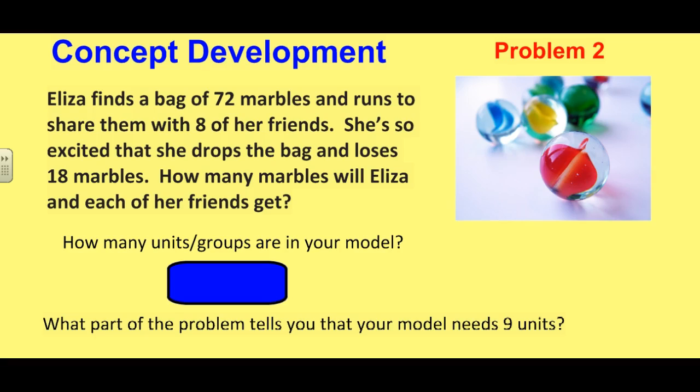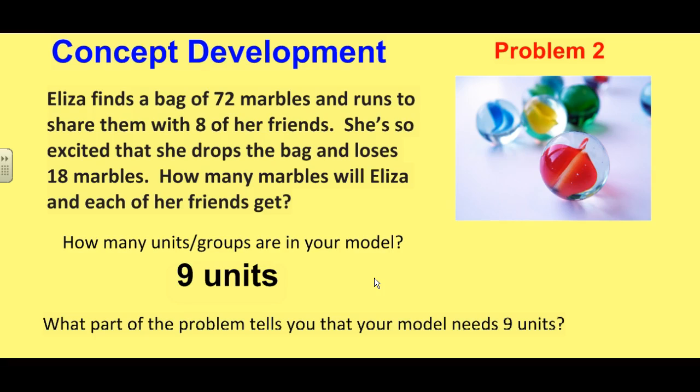Well, I look and it says Eliza finds a bag and she's going to share them with 8 of her friends. So you've got to think, Eliza and her 8 friends are going to get marbles. It's not just 8 of her friends, it also includes Eliza. So that tells me right there that I'm going to have 9 units, or 9 groups. What part of the problem tells you that the model needs 9 units?